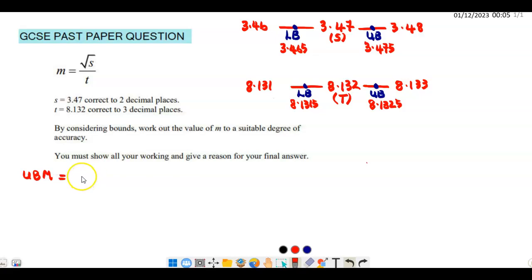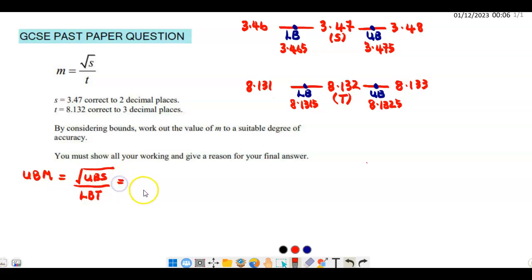Upper bound m would be the root of upper bound s over the lower bound t. Why is it lower bound t? Because when you divide by a smaller number, you get a larger answer, and that's the reason why it's lower bound t.